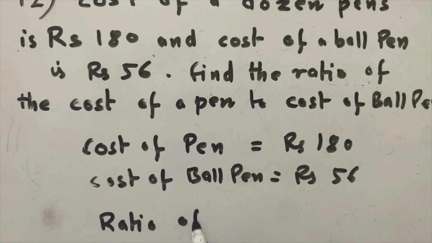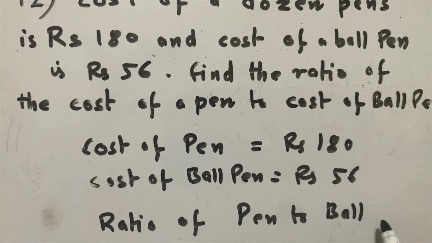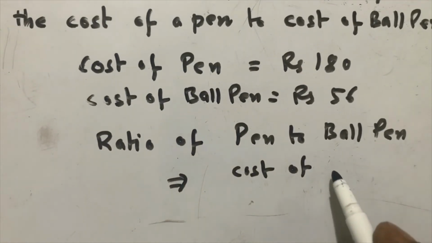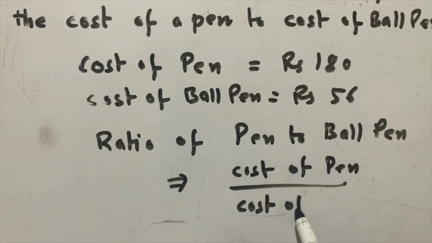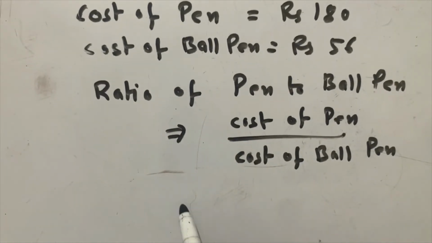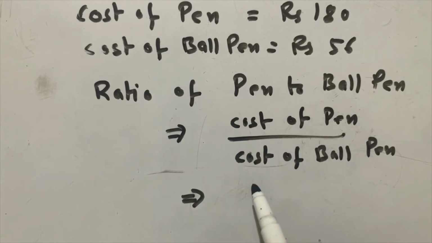Ratio of cost of pen to cost of ball pen is equal to 180 upon 56.